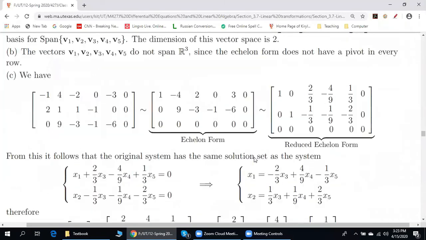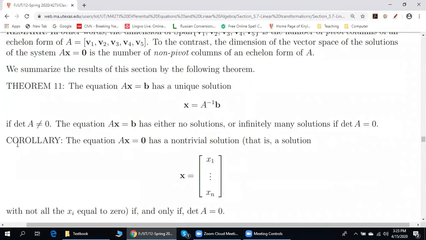One last topic is this corollary, which is of great importance in the next section. Before we discuss the corollary, please take a look at theorem 11. Suppose A is a square matrix, and suppose its determinant is not equal to 0. Since the determinant is not equal to 0, A inverse exists.